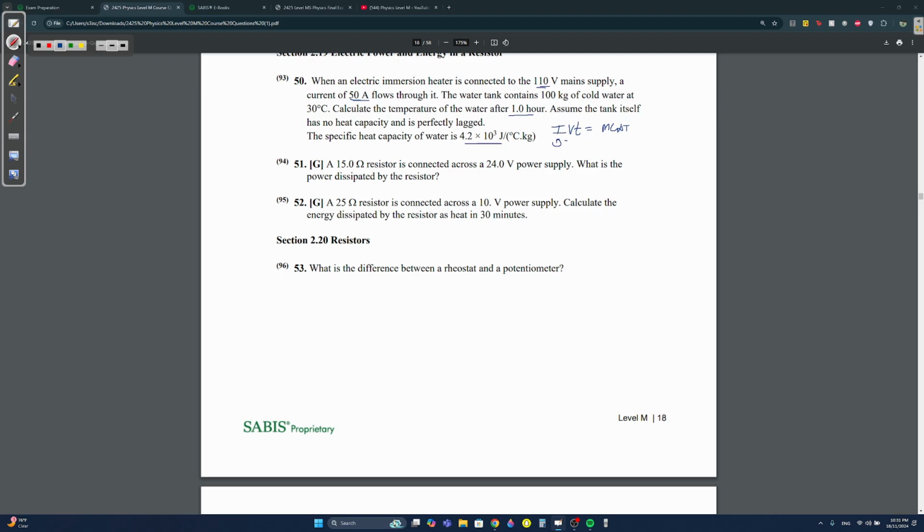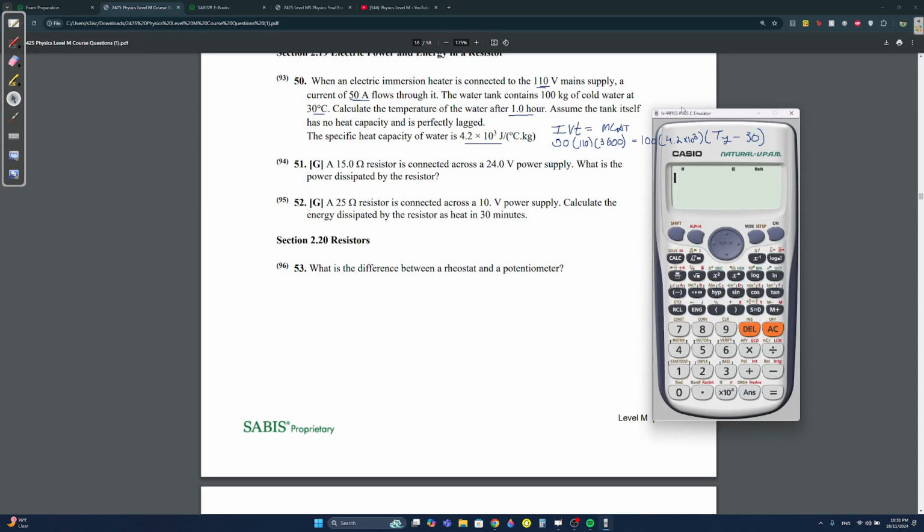I is 50, V is 110. Time must be in seconds, 3600, equals MC delta T. The mass is 100. The C is 4.2 times 10 to the power of 3. And the delta T. Delta T is final minus initial. So temperature final minus how much is it initially at? 30 degrees Celsius. So you can just solve this.